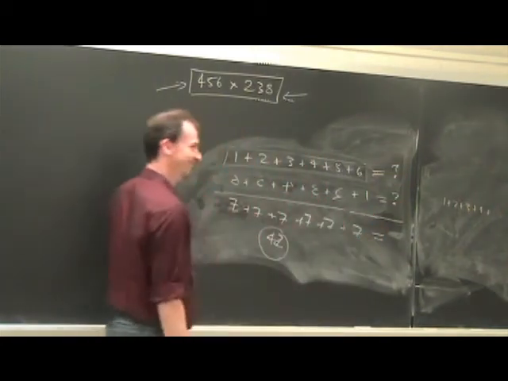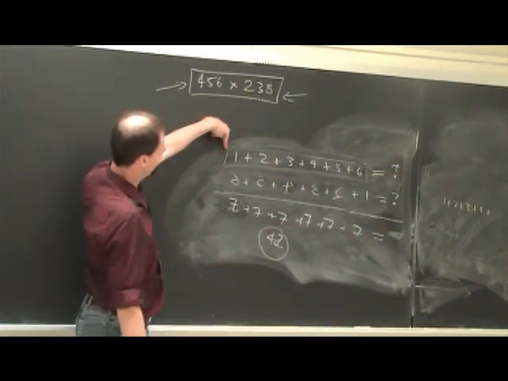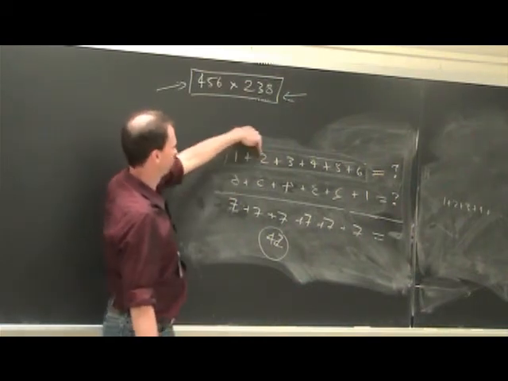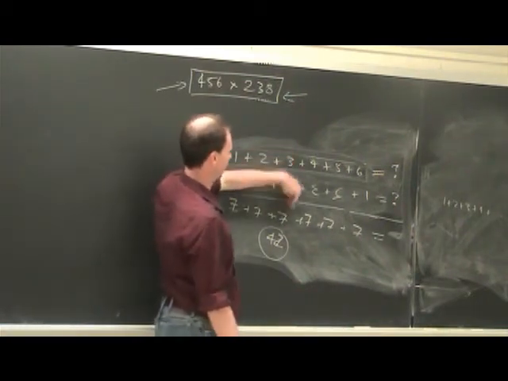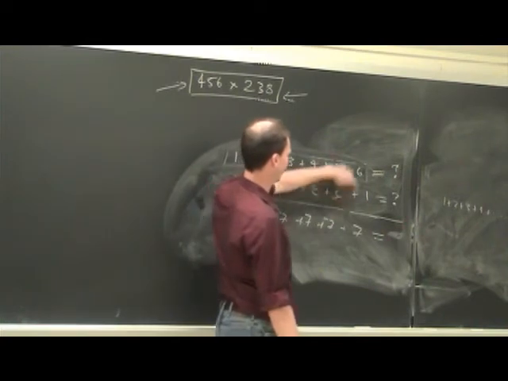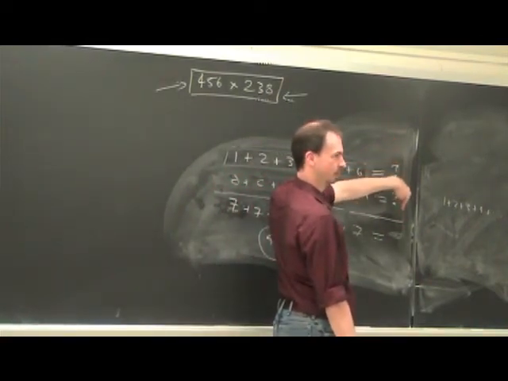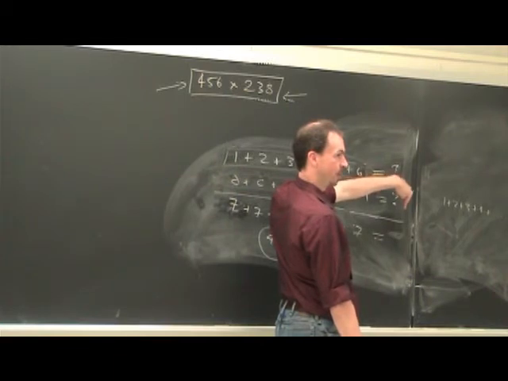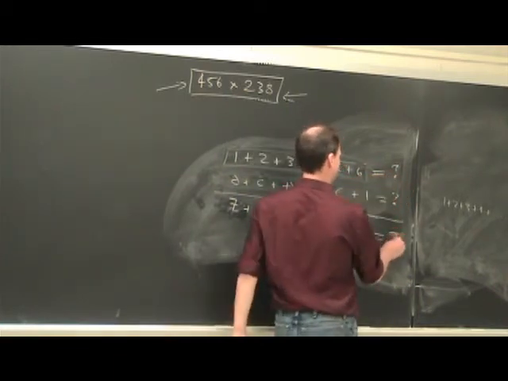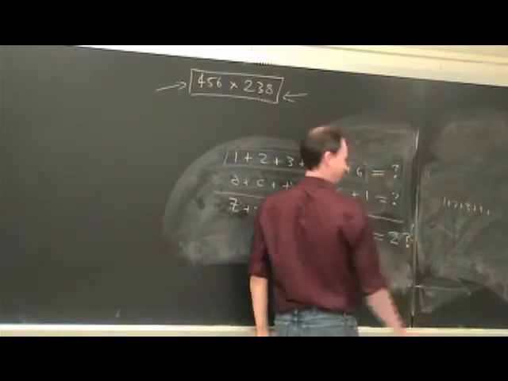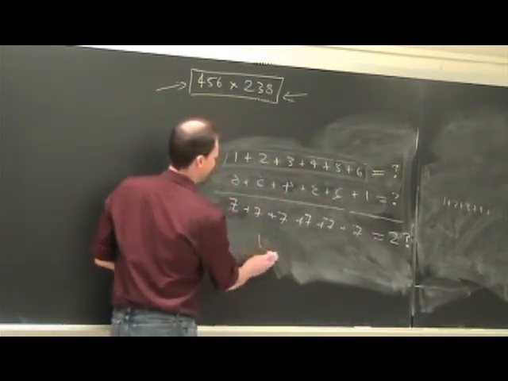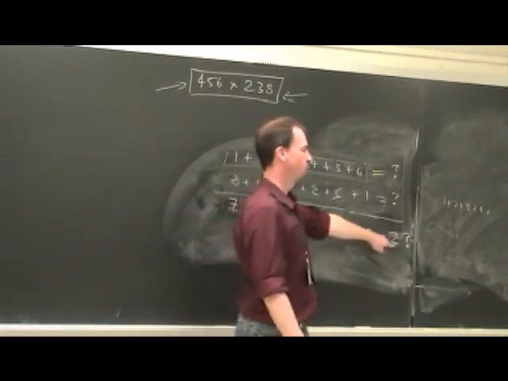If I did this, I get 1 plus 6 is 7, 2 plus 5 is 7, 3 plus 4 is 7, 4 plus 3 is 7, 5 plus 2 is 7, 6 plus 1 is 7 equals question mark plus question mark. That would be twice the question mark. So this is telling me a whole bunch of 7s equals twice the question mark.